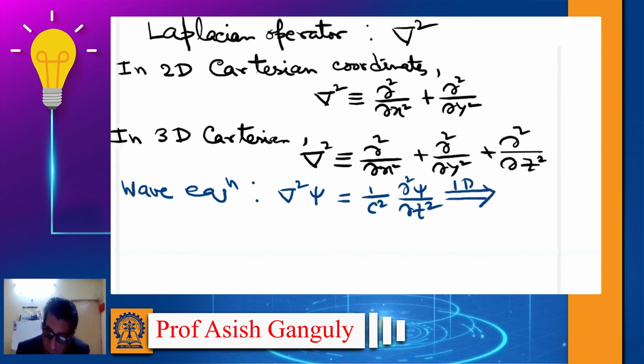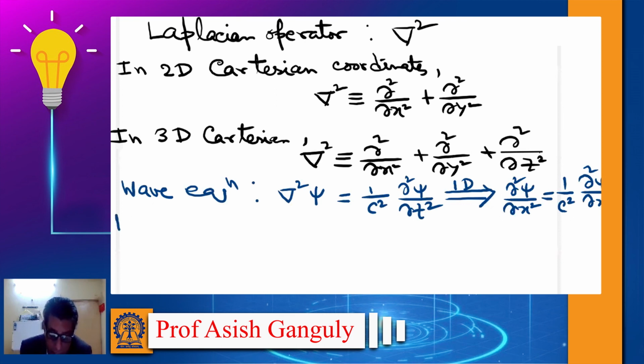For one dimension, naturally del square has only one term, that's why we took these things. So now you understand that if you have to write 2D or 3D wave equation, you can. Of course, in this course solutions will not be discussed, but at least you understand the form. That's the reason why I introduce del square here.